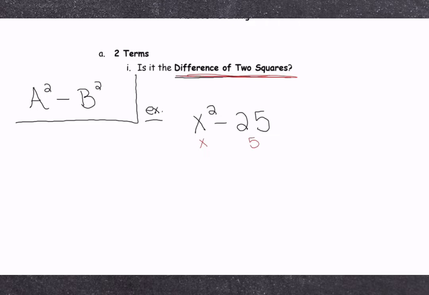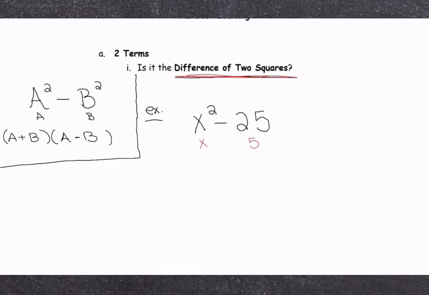So the rule says if you have two terms that are squared, and I'll finish this one off over here, you take the square root of each term. This one will be A. This one will be B. And you write a binomial, one with a plus sign and one with a minus sign, using those two square roots.